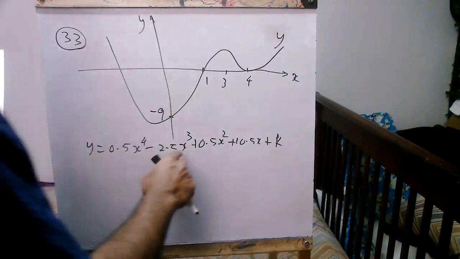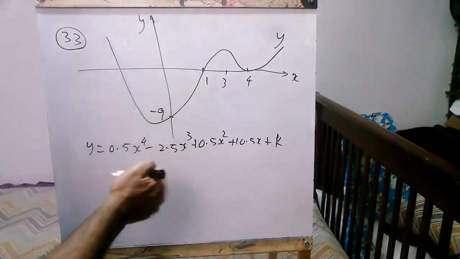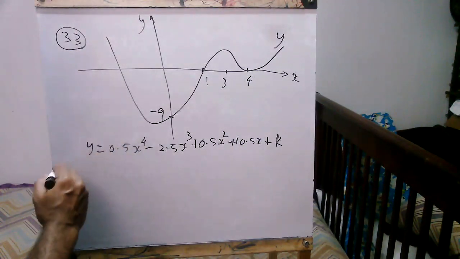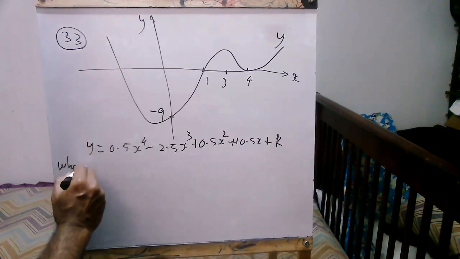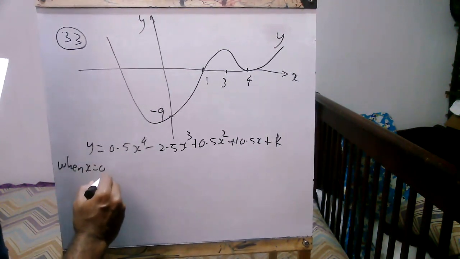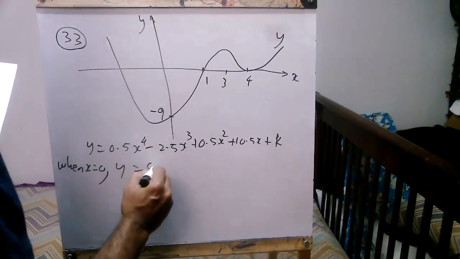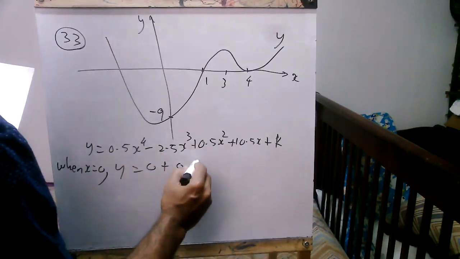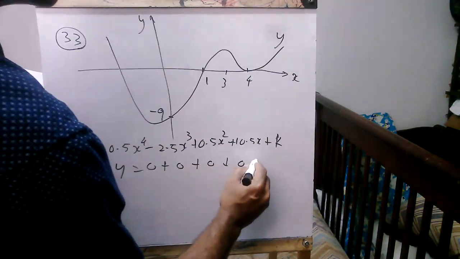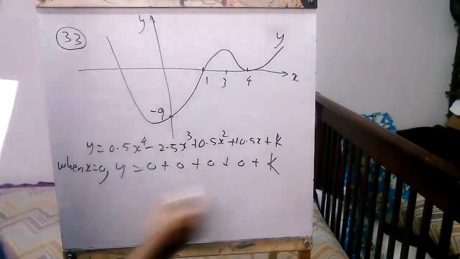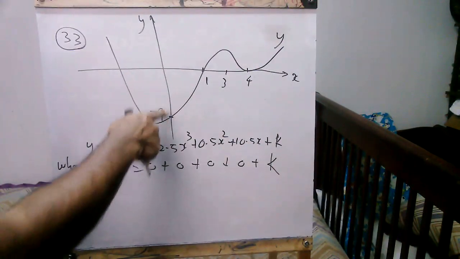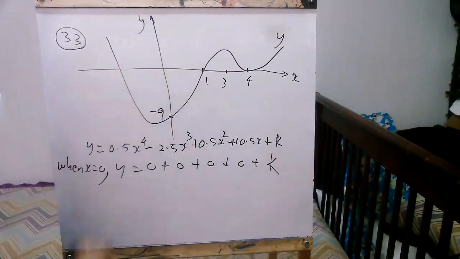So when x equal to 0, we get y equal to 0 plus 0 plus 0 plus 0 plus k, right? So what is this one? Negative 9.